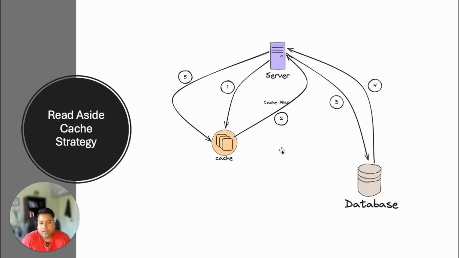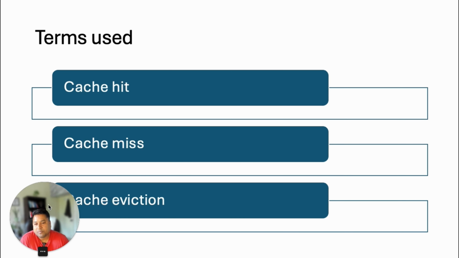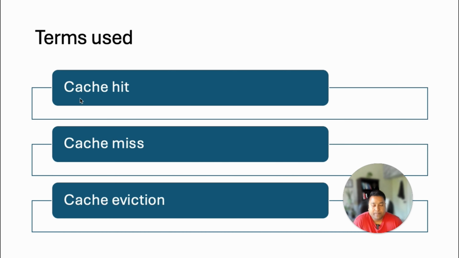So I believe that we have covered the basic concept of caching using a real life example. We also understood how your cache memory works and what the actual benefits are, and we discussed some basic terminology: cache hit, cache miss and cache eviction.